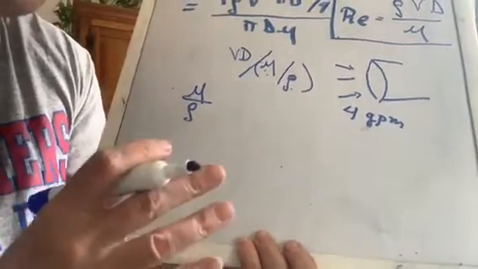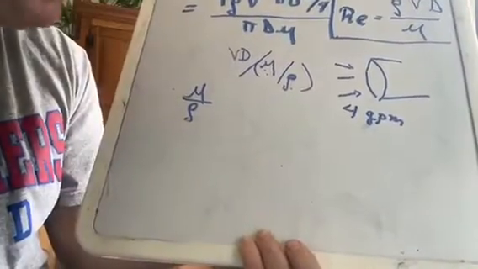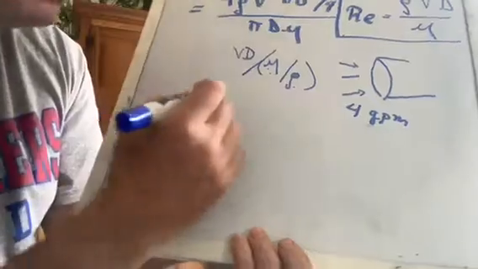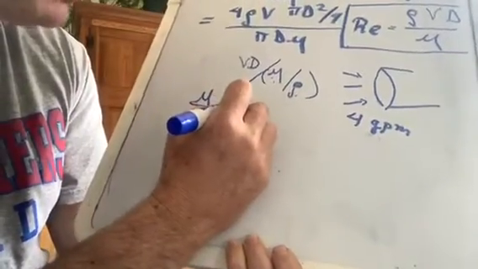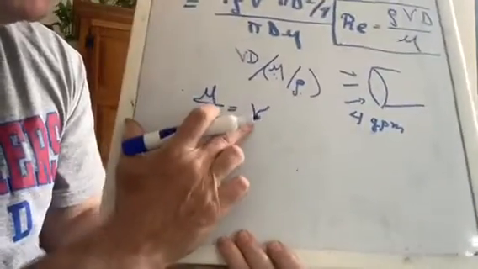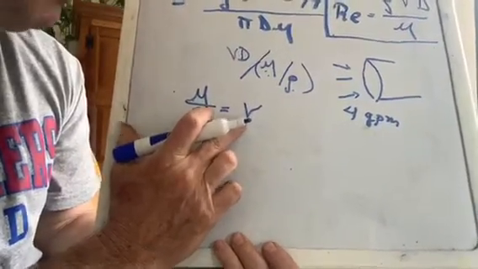So the bigger mu over rho is, the more likely it's going to be laminar. And so as a consequence, that combination has been combined into a single property for a fluid, which is called the kinematic viscosity. And it is indicated by a Greek symbol, which is a nu.